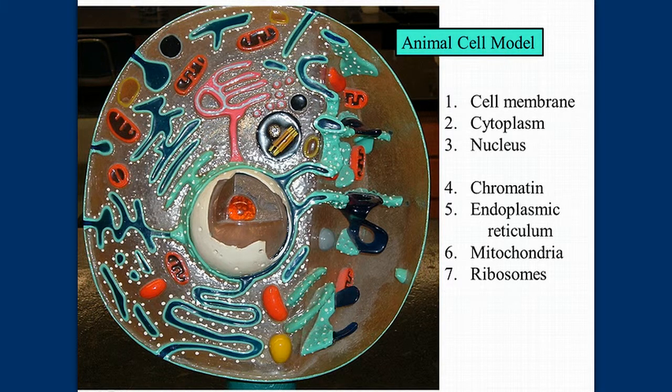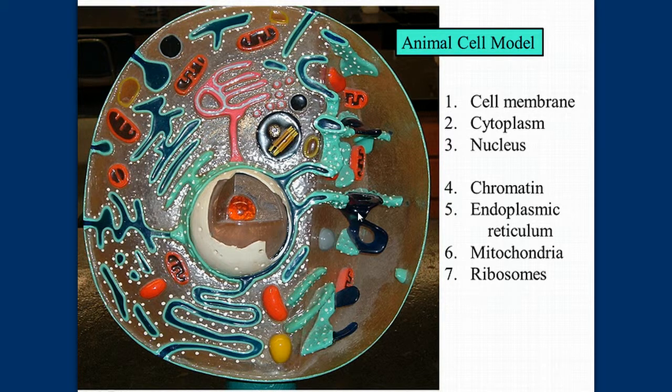This transport system forms the membrane called endoplasmic reticulum. The endoplasmic reticulum that has ribosomes attached, because of its rough appearance, is called rough endoplasmic reticulum. Now, some endoplasmic reticulum does not have ribosomes attached, and so we call that smooth endoplasmic reticulum.